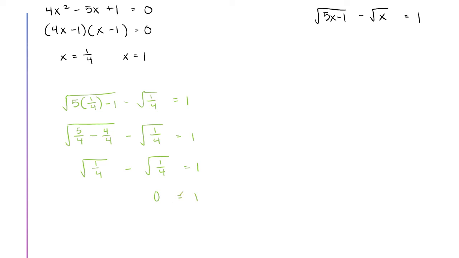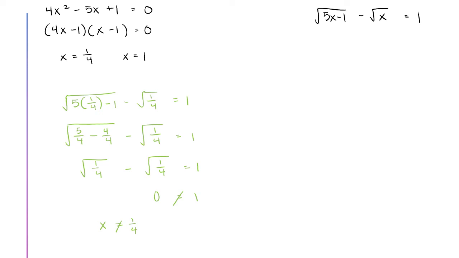Nope, not true. So that tells us x cannot be 1/4. That is an extraneous solution. So now I need to check, is 1 a solution? If not, then I actually would find there are no solutions to this problem. But hopefully 1 is a solution, so I can walk away with something here.